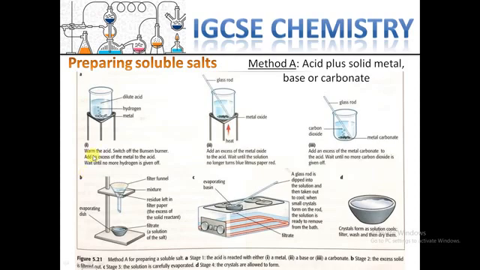By the way, stage B: after you make your solution by any of these methods, you need to continue to stage B. For stage B, you need to filter your solution.